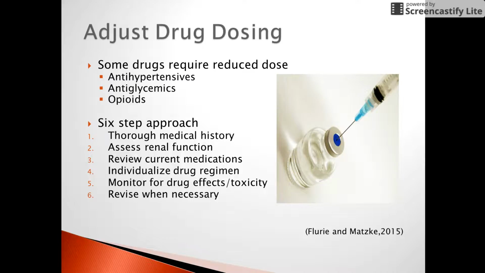One evidence-based recommendation is to incorporate a 6-step approach to drug dosing for elderly patients with renal disease. This includes obtaining a thorough medical history, assessing renal function, reviewing current medications, individualizing the drug regimen, monitoring for drug effects and toxicity, and finally, going back and revising the regimen when necessary.